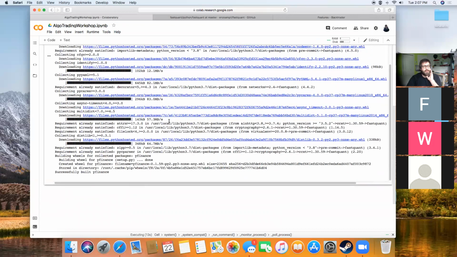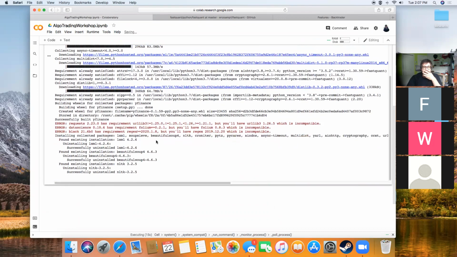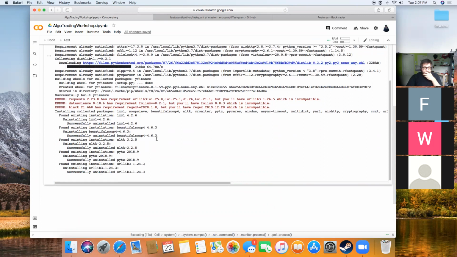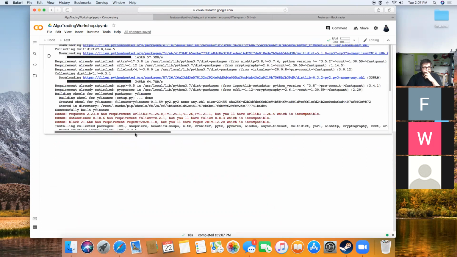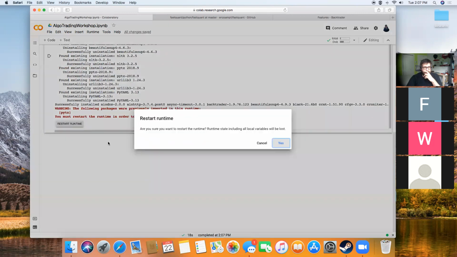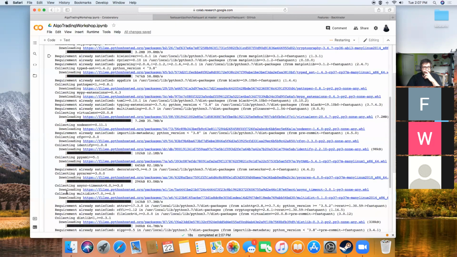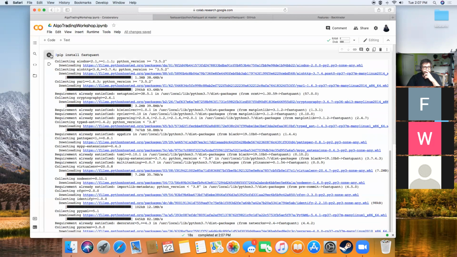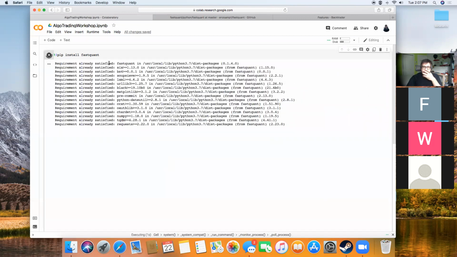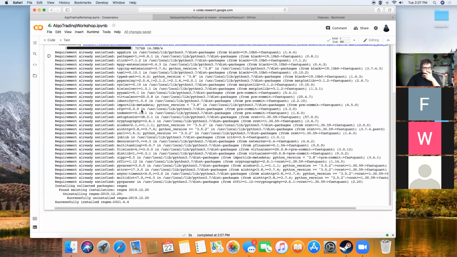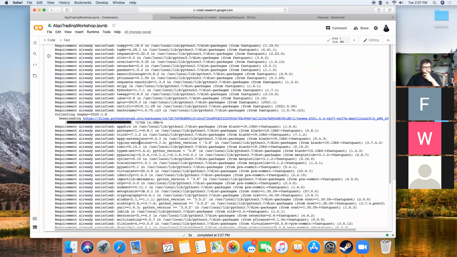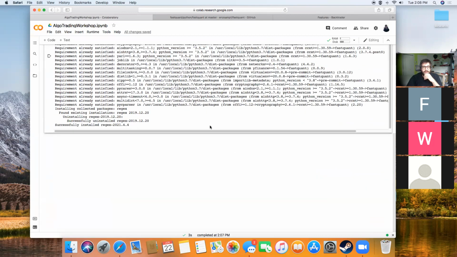At the end here, it will tell you to restart the runtime. So we can restart the runtime for everything to be installed. Now the runtime was restarted. I will run this again. And now everything is installed.